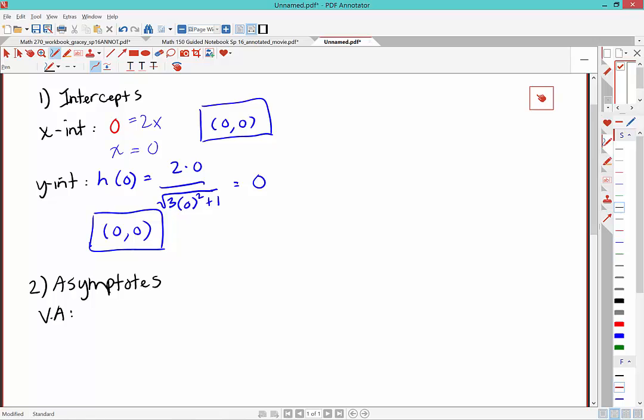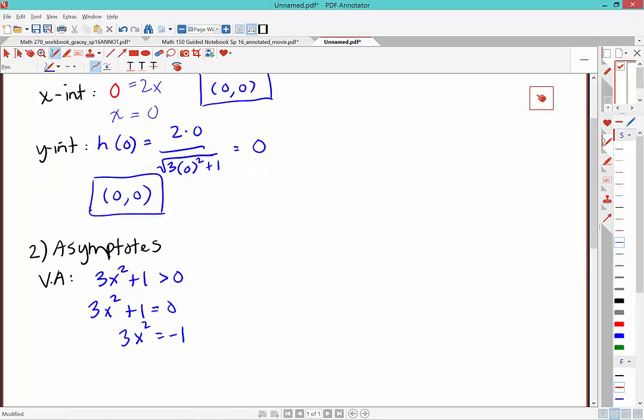So what's inside that radical has to be greater than 0. That's going to be fine, because if you solve this equation, you'd get 3x squared is -1, which is imaginary. So we'd say none for vertical asymptotes.